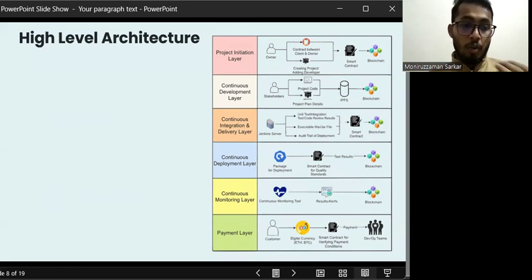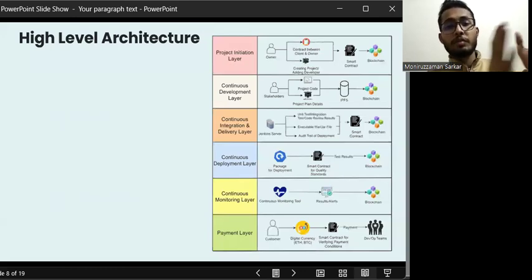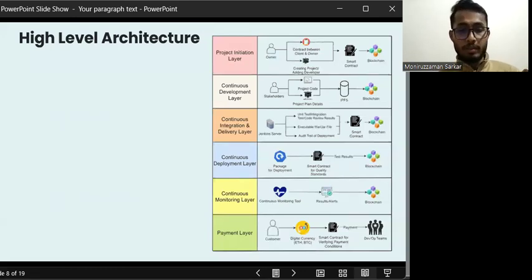The third is the continuous integration and delivery layer, and the fourth is the continuous deployment layer. The fifth layer is the continuous monitoring layer, where the monitoring team monitors if there is any problem, if any team member faces any problem during development or other cases. And the last one is the payment layer, where the payment is completed from the client to the developers.